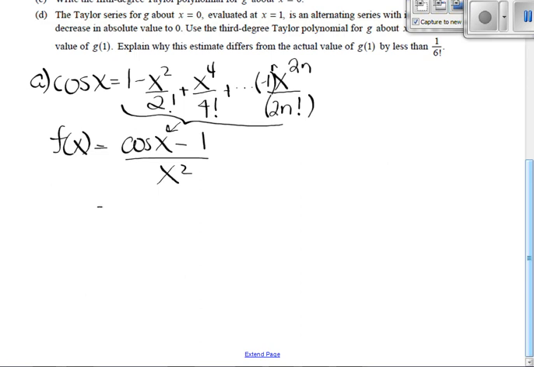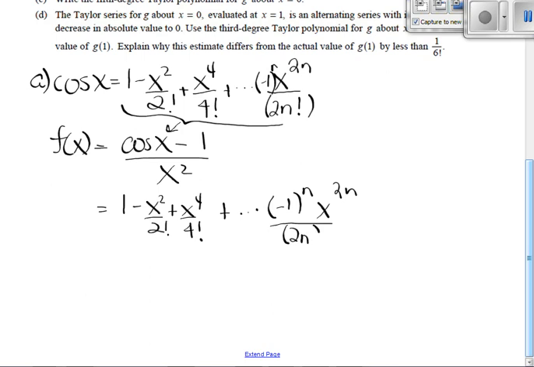I've seen that. So it's 1 minus x squared over 2 plus x to the 4th over 4 factorial plus, it is 2 factorial, if you prefer that, I will do that, x to the 2n over 2n factorial. And then we're going to subtract 1.